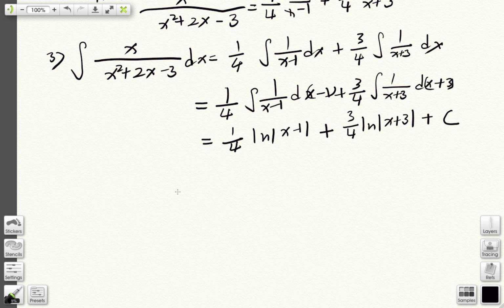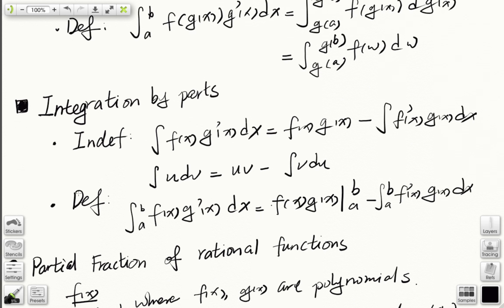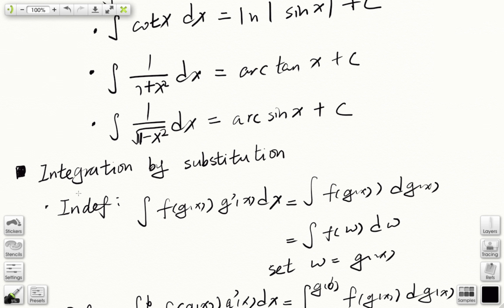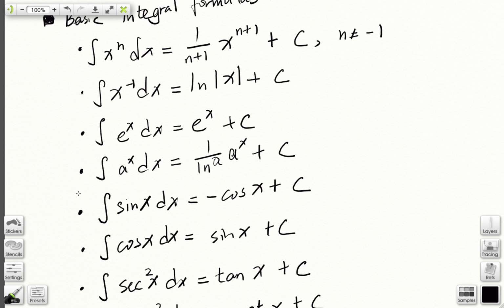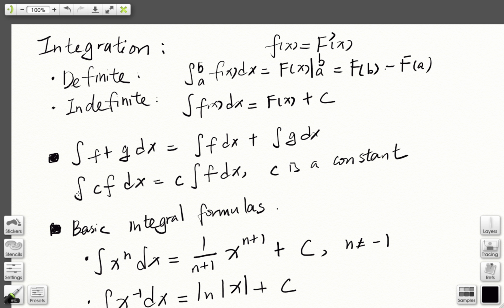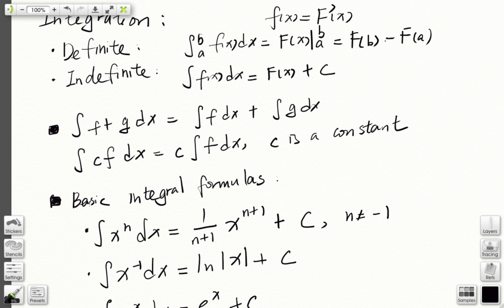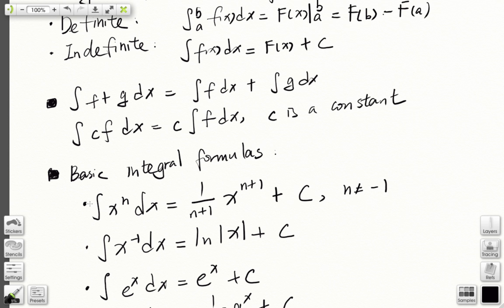So I'm gonna give you guys a second example. Example 2. Oh, one more thing that I need to mention is the order in which I'm reviewing all of the methods. It's pretty much the order you're thinking of when you solve an integral when you encounter one. So you first see if there's a constant that you can take out, and then you try to use the basic formulas.